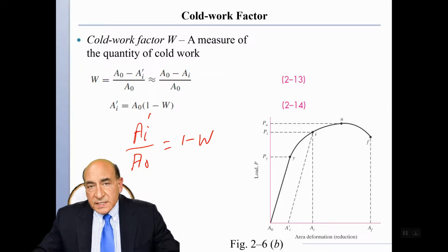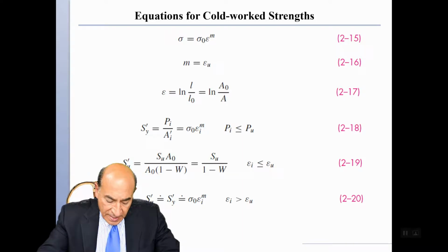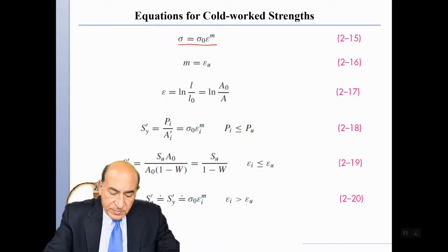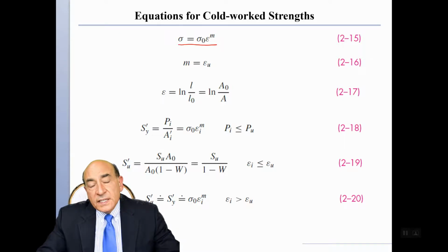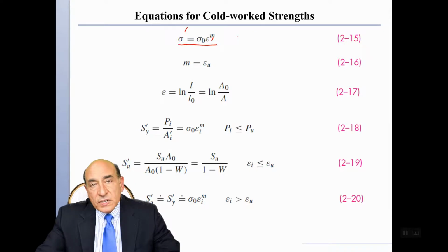Now my objective next is to compute the new yield strength and the new ultimate strength of the material. And we'll do that by considering that we have a relationship between the stress and the strain in the true values. In other words, this should be sigma prime and this should be epsilon prime.